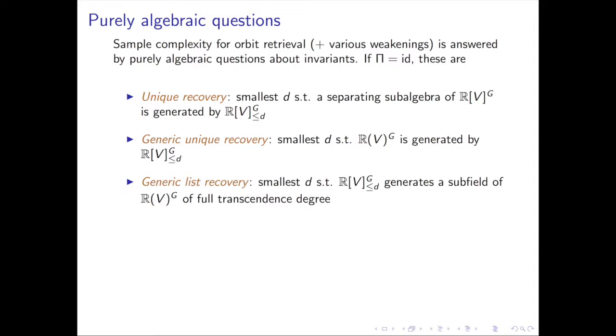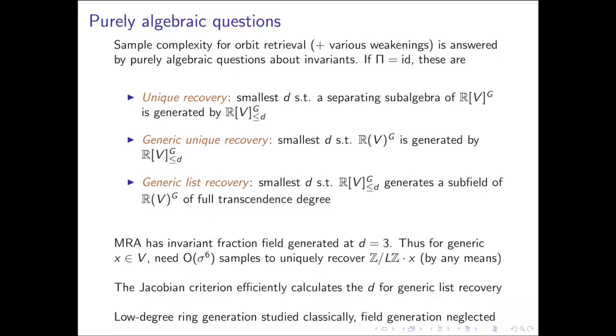Yeah, so indeed all of these things will give you uniqueness over the complexes in these senses. Okay. So by the explicit formula before, the 1D problem MRA has invariant fraction field generated at d equals 3. Right?